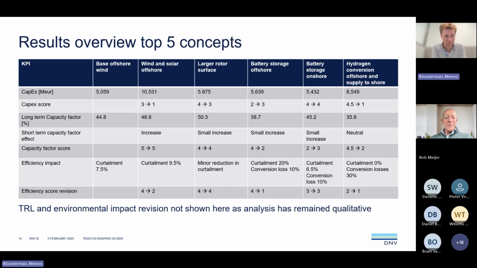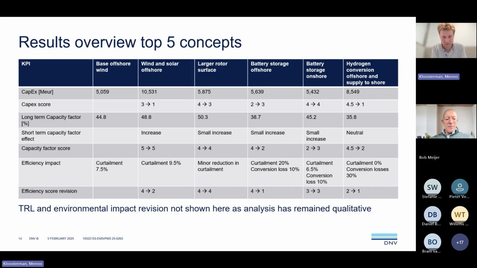Of course, for solar offshore, the information is a bit limited on CAPEX, but as far as we could see, that's also a very expensive concept. So, that was a big takeaway in terms of the results.